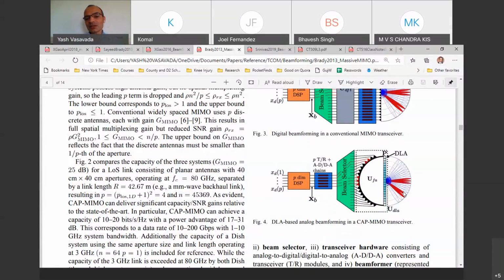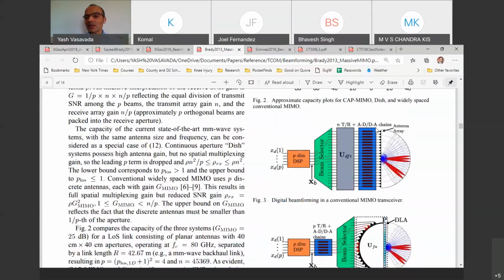So even in the conventional systems, this is known. As there are a number of users, you need as many RF chains. The conventional MIMO was asking for far more RF chains.